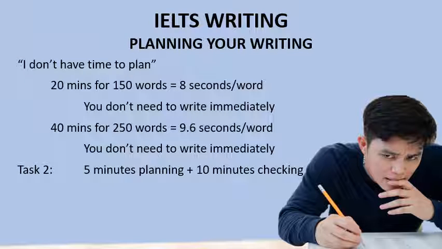So, for example, if you're doing task 2 and you spend 5 minutes planning and 10 minutes checking, that leaves you with 25 minutes to write 250 words. What does that look like? It looks like this.